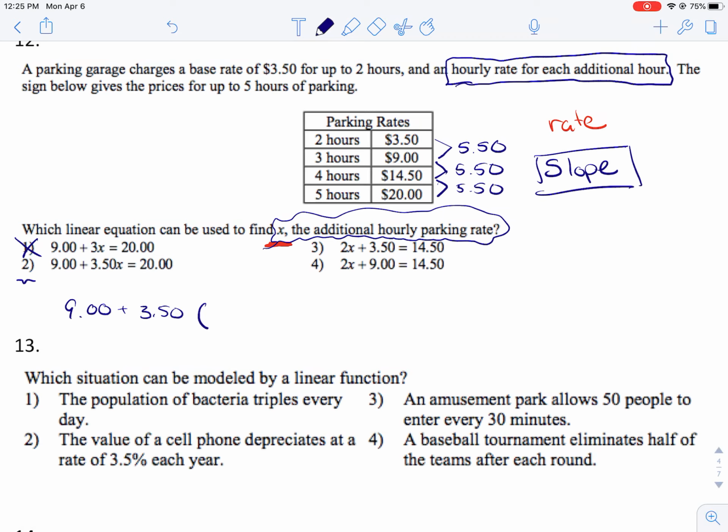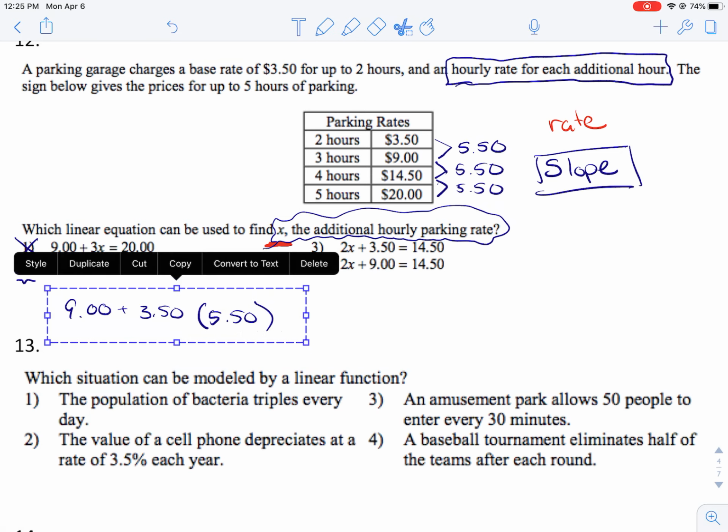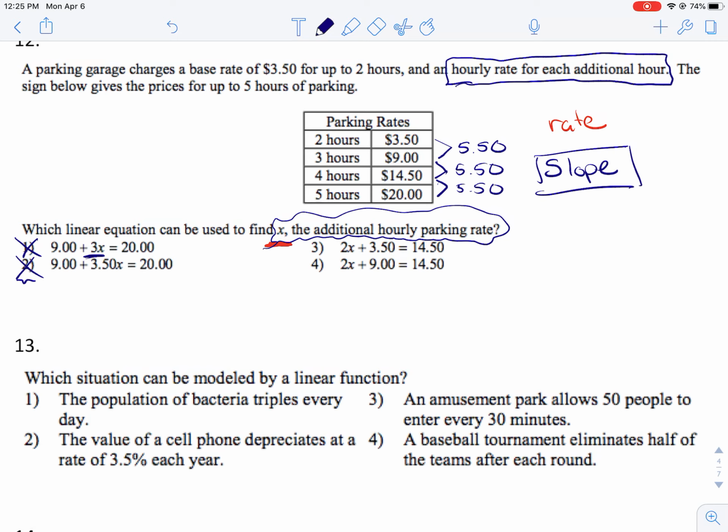So this one's out. Let's try it for this one right here. So you go 9 plus 350 times 550. Well, we know this one's going to be wrong anyway, because with 3, we went above 20. 350 is certainly going to put us above 20. So I'm not even going to waste my time doing that one. So that one's out.